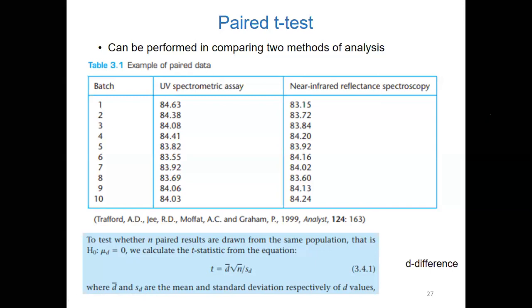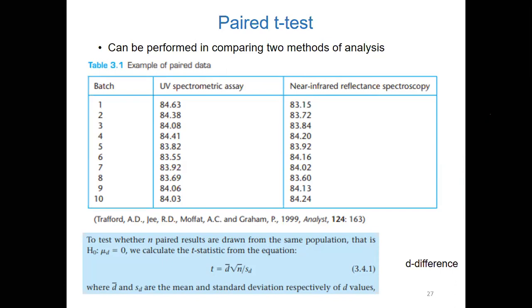So far, the method is the same. Let's say we use the same instrument, with two standard deviations and the same instrument with one standard deviation. Here we do the paired t-test to compare two methods of analysis. It can be two different instruments.